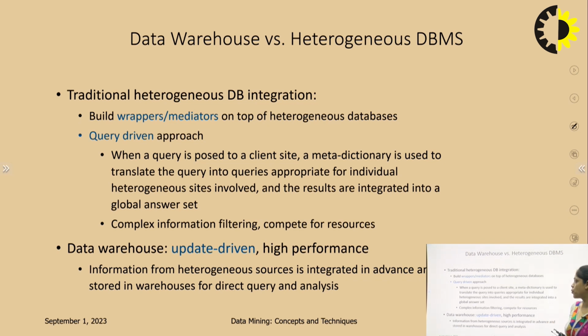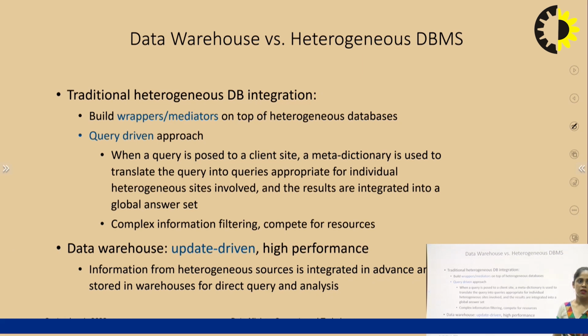When a query is posed to a client side, a meta dictionary is used to translate the query into queries appropriate for the individual heterogeneous sites involved, and the results are integrated into a global answer set. Complex information filtering is needed. In the data warehouse, it is update driven with high performance. Information from heterogeneous sources is integrated in advance and stored in warehouses for direct query and analysis.